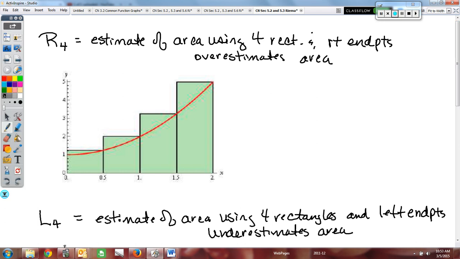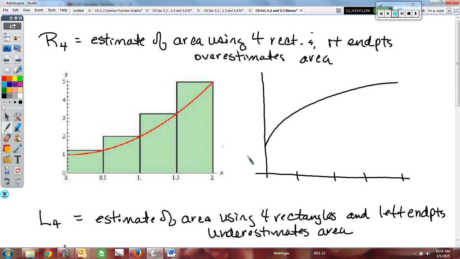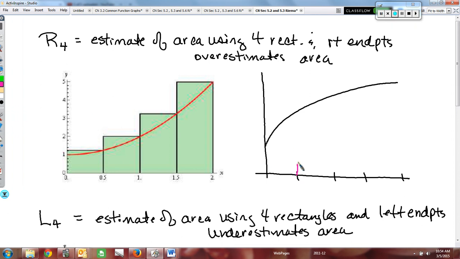Let me draw another example here. So same kind of idea, except now this time I'm going to make the curve concave down. And I'm going to divide it into the same sections, make my 4 rectangles, and I'm going to draw 4 right endpoint rectangles. So I'm going to come up on the right side and draw that.